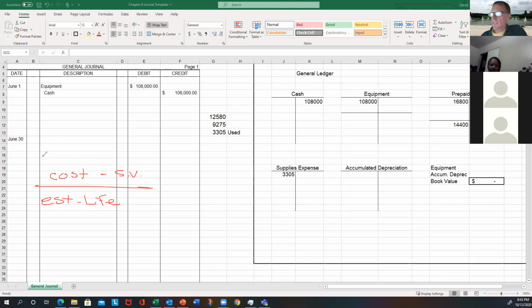So the cost in this case is $108,000 minus 0. Now, here's the key. When they say estimated life, this problem gave us 9 years. So you could do a couple things here. I would suggest you take that 9 years and multiply that by 12.